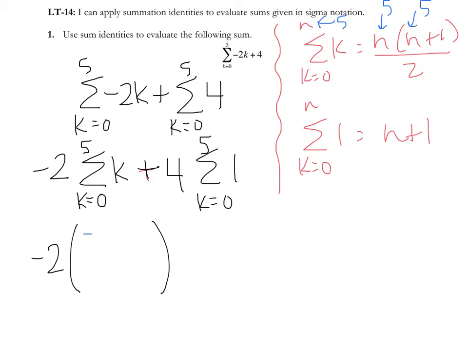So I'm going to get 5 times 5 plus 1 all over 2. All I did here was recognize that I had the sum of k. I have a formula for the sum of k. What's different is that this actually has an n value, so I knew my value for n that I could then plug into my formula. So I'm just rewriting this using my formula.